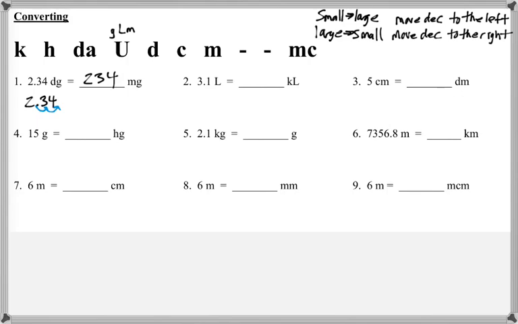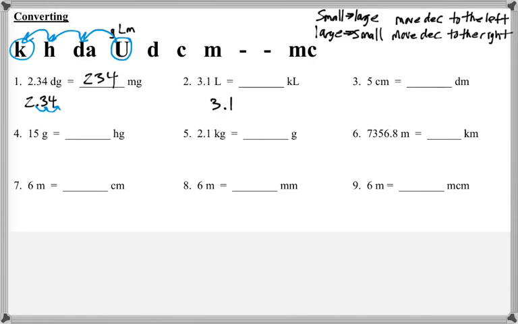With number 2, I have 3.1 liters, and I'm trying to convert it to kiloliters. Well, liters, that's just one of our basic units. So that's right here. And kiloliters, the K, that is right here. So to get from liters to kiloliters, I need to go 1, 2, 3 places to the left.